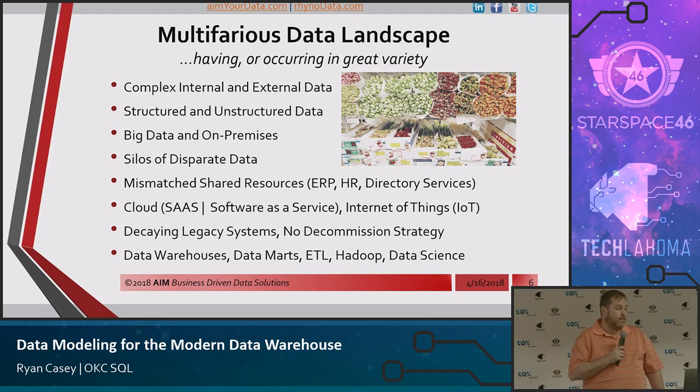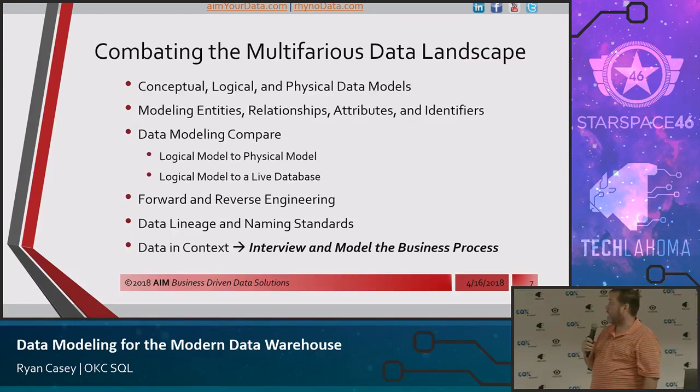It can also include decaying legacy systems where you have no decommissioning strategies, data warehouses, data marts, ETL, Hadoop, and data sciences. So when you have all these different varieties of information in your organization, that becomes really complex. And we have to have systems, and modeling can definitely help us in dealing with all of these different multifarious landscapes.